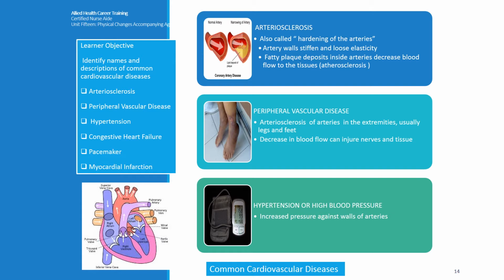So, if you have somebody with that arteriosclerosis, with that atherosclerosis, they're going to have high blood pressure because the heart is having to work that much harder and put that much more pressure on those artery walls to try to push the blood flow through to the rest of the body because the body still needs all of the blood and nutrients that the heart can send it. Just the arteries are making it a lot harder for the job to get done, so then the heart is having to work harder and it increases that pressure.